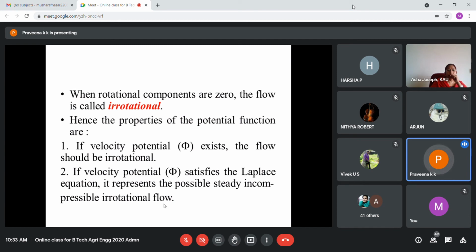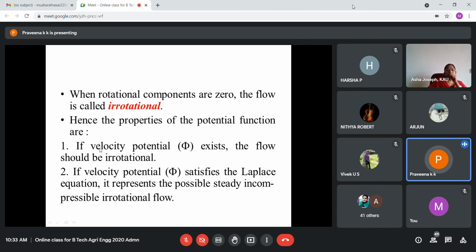When these rotational components omega x, omega y and omega z are equal to 0, then the flow is said to be irrotational flow. Hence, the properties of the potential functions can be listed as below.